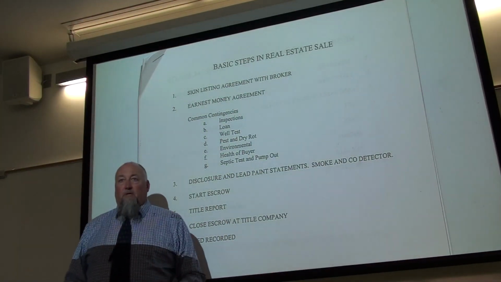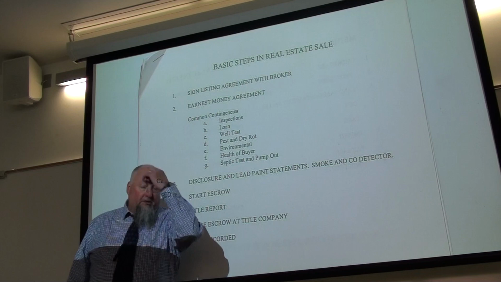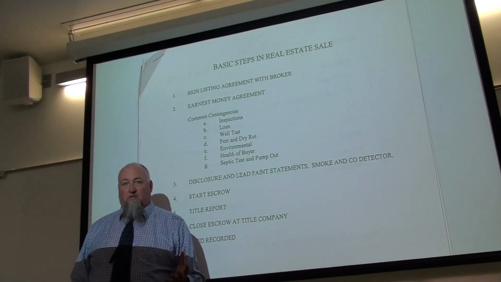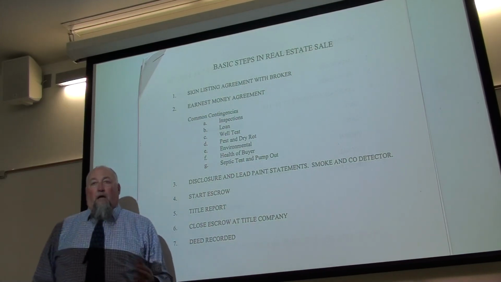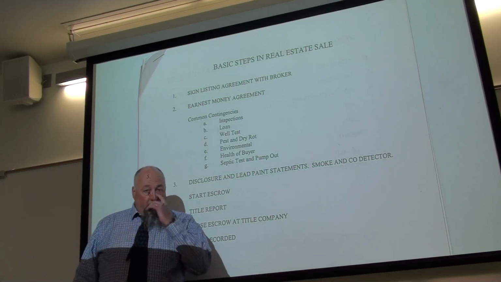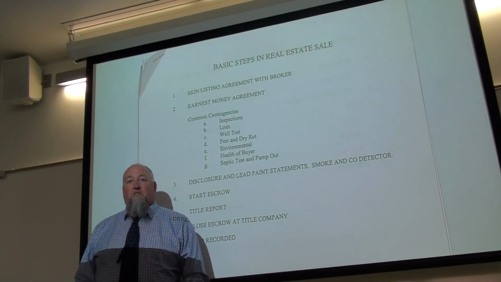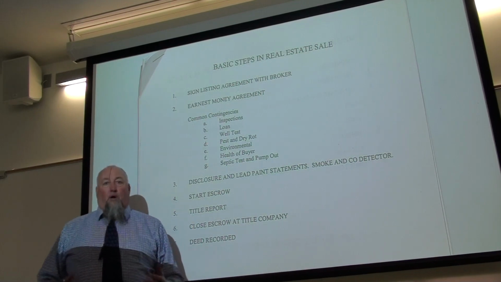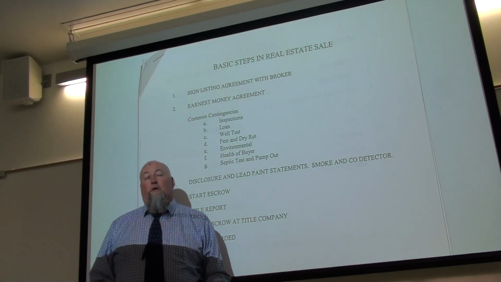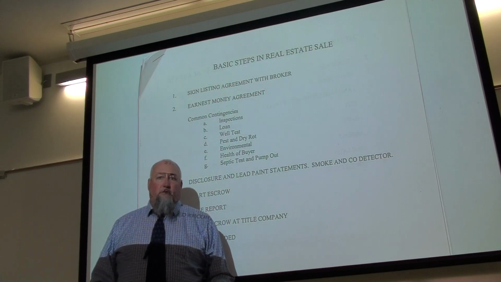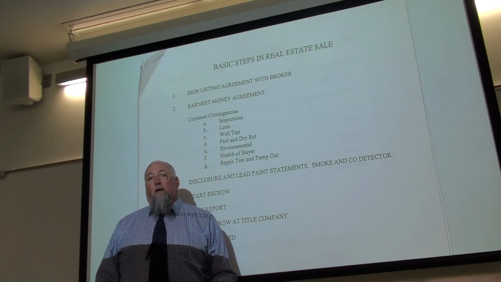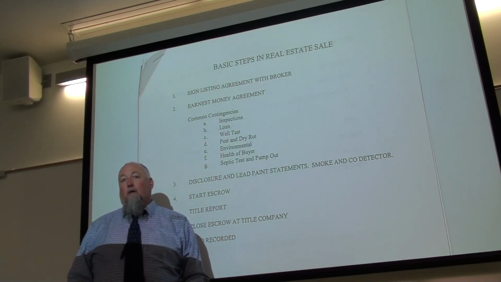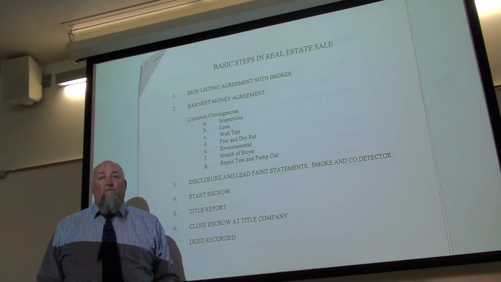A listing agreement is the document that is a contract between the owner, that is the seller of the property, and the real estate agent themselves. And it outlines the basic terms and gives the real estate agent the authority to market the property on your behalf, to meet with potential buyers, to access the property, and then also, primarily, to pay a commission to the real estate agent.